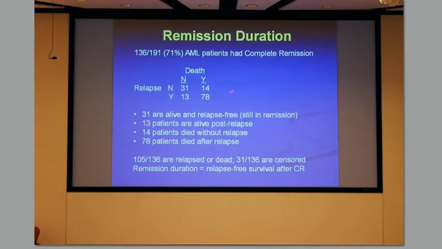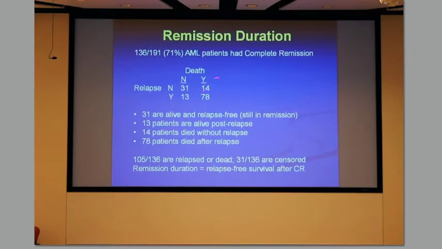So if you just look at the 136 patients that had complete remission, at the end of the study, 31 patients out of the 136 were alive and free of relapse. That means they're still doing well. They're still in remission. We have 13 patients that died without relapsing.